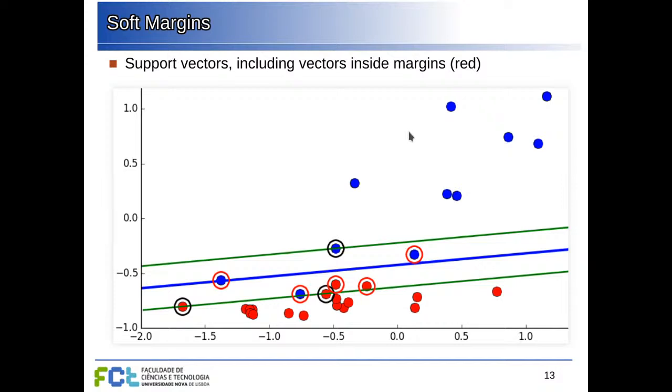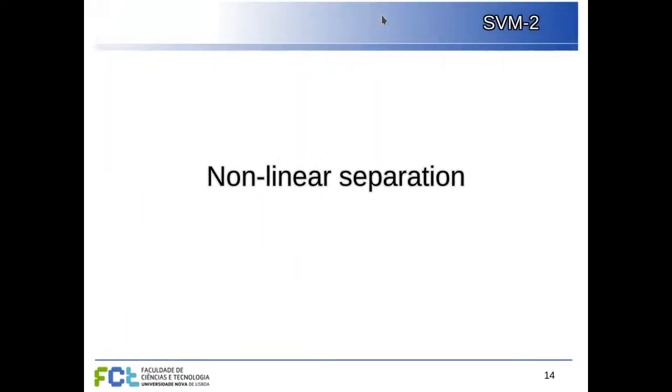So we can use this soft margins approach by putting an upper bound on the Lagrangian multipliers to solve the problem of non-linearly classifiable sets and still obtain a solution.